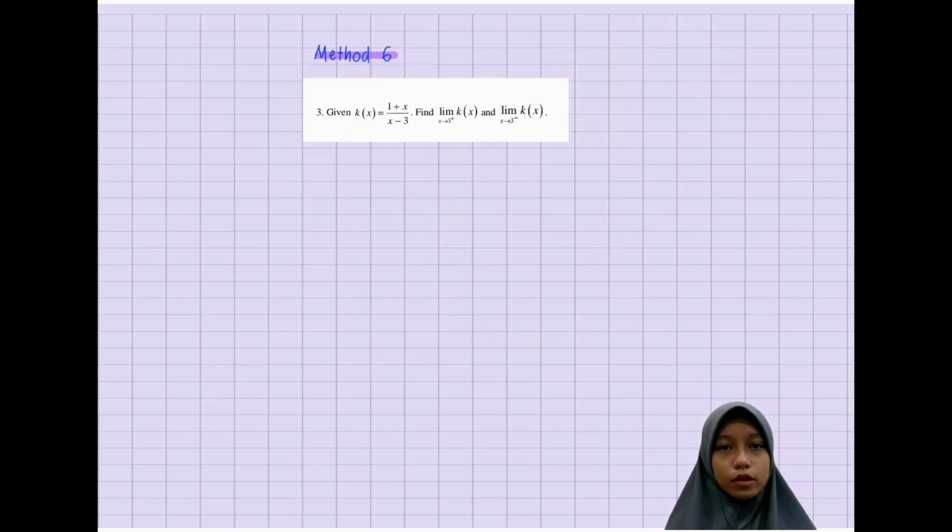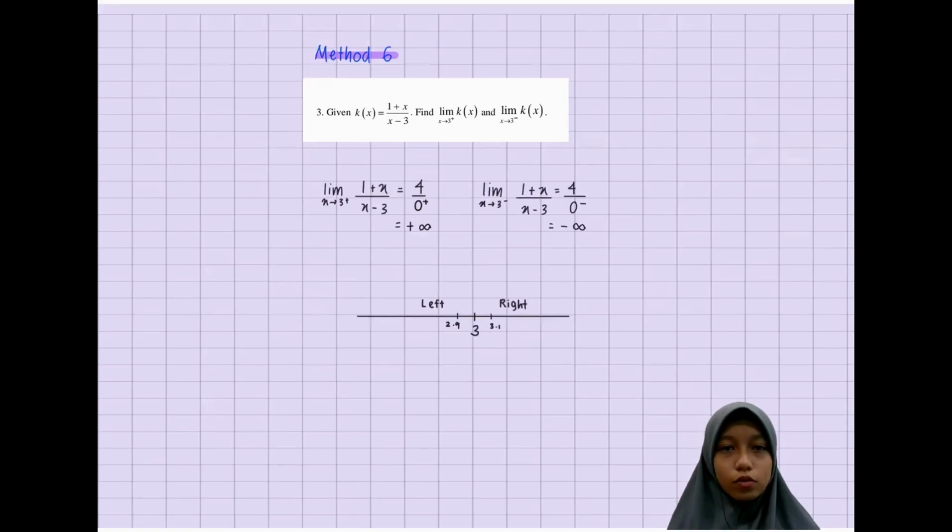Next, given the function k(x) equals (1 plus x) over (x minus 3), the question asks to find the limit of k as x approaches 3 from the right and as x approaches 3 from the left. So we apply method 6 for this kind of question. We use method 1, which is direct substitution. We substitute the 3 into the function.